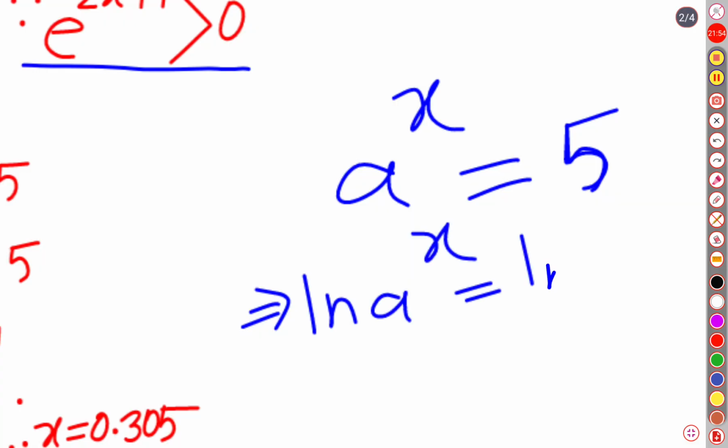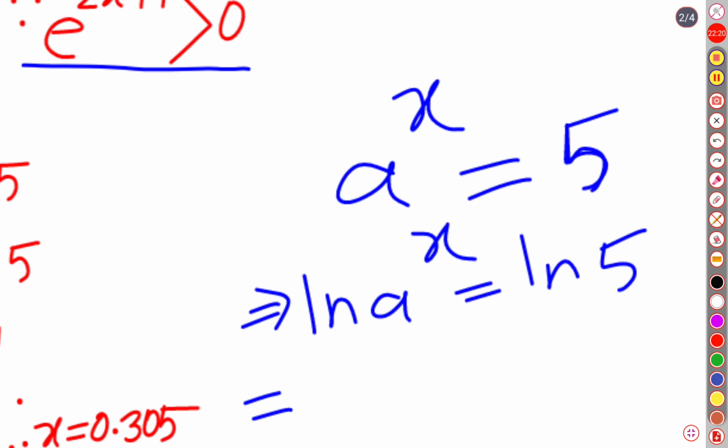It's ln 5. Here for ln, natural log, the base is actually e. So the argument is a, and the base is e. This is how we can write.